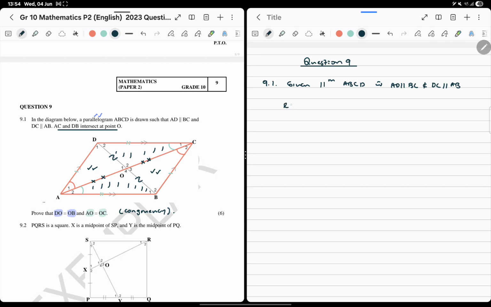We are required to prove that DO is equal to OB and AO is equal to OC. Wait a minute. So basically we are supposed to prove that the diagonals bisect each other. And then AO is equal to OC.